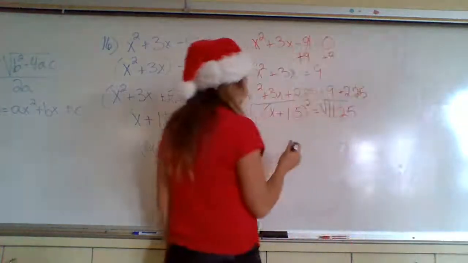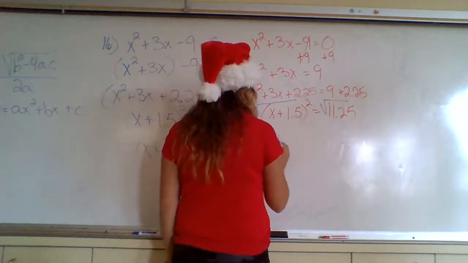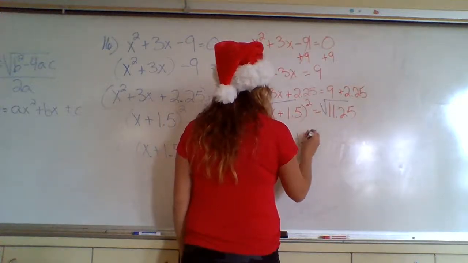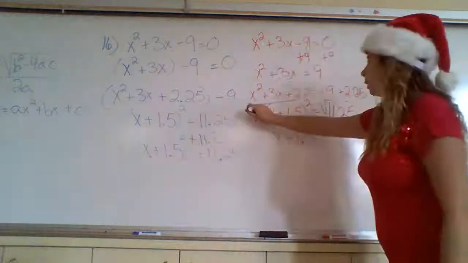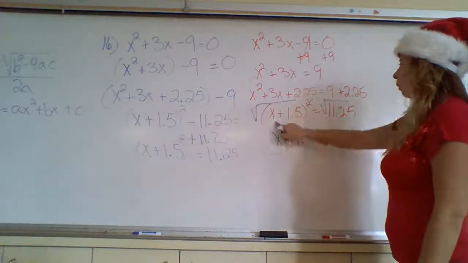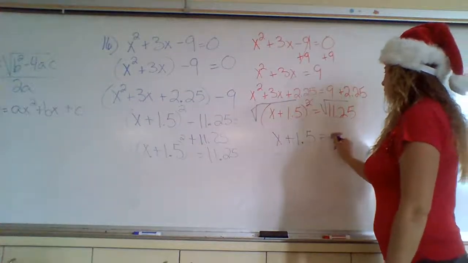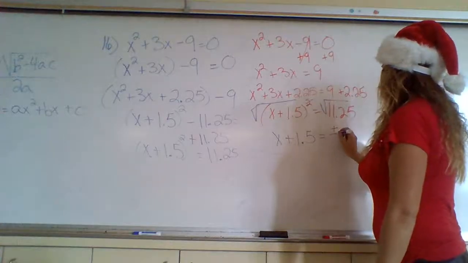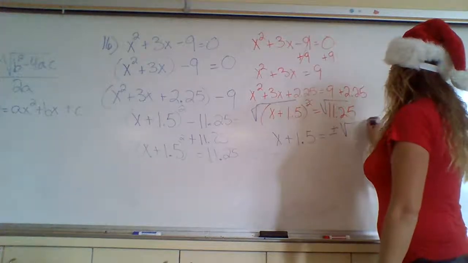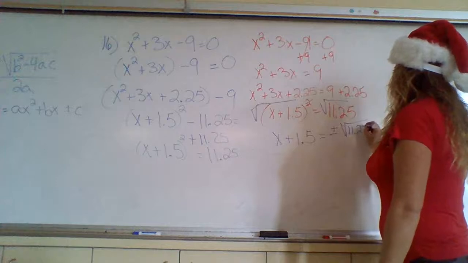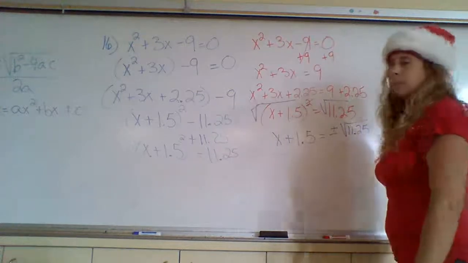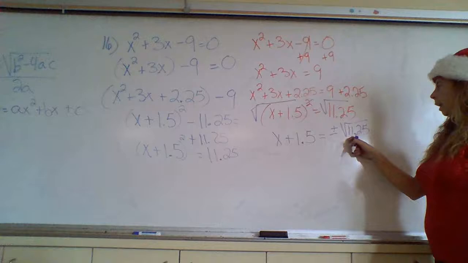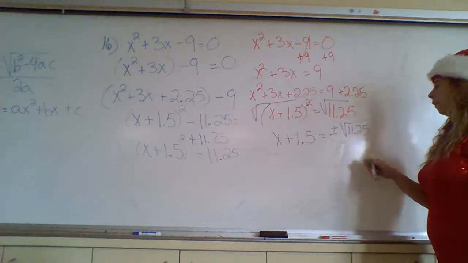Whatever. I can't believe I picked this problem, but whatever. X plus 1.5, right? Because these cancel out. So you're just left with x plus 1.5 equals plus or minus, positive or negative, the square root of 11.25.